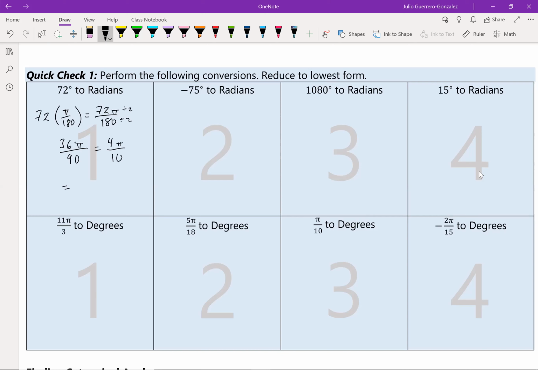Reduce that by 2: 2 pi over 5. Okay, I did that wrong at first. I just divided 180 by 72. Anyway, there we go. The equivalent radian measure for 72 degrees is 2 pi over 5.